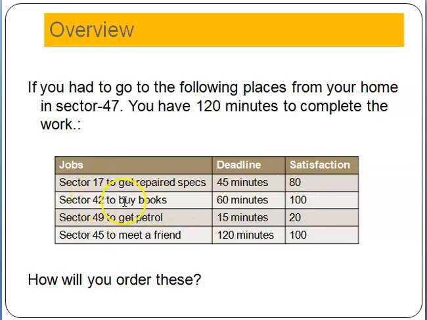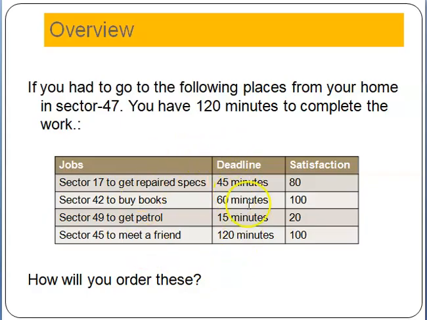Then you have to go to sector 42 to buy books; you have 60 minutes to do this and you have 100% satisfaction from this. Then you have to go to sector 49 to get petrol. You have 15 minutes to finish this and the satisfaction level is 20. And you have to go to sector 45 to meet your friend; you have 120 minutes to do this and the satisfaction level is 100.